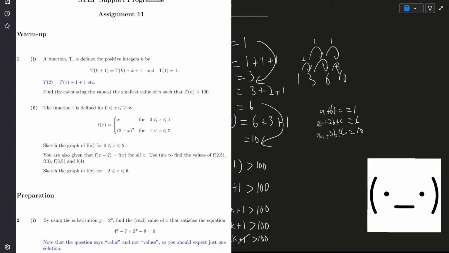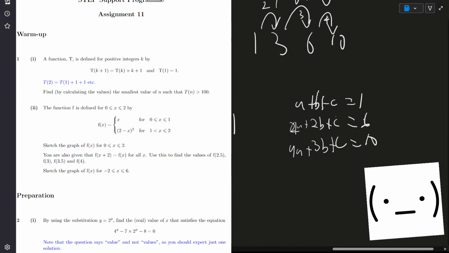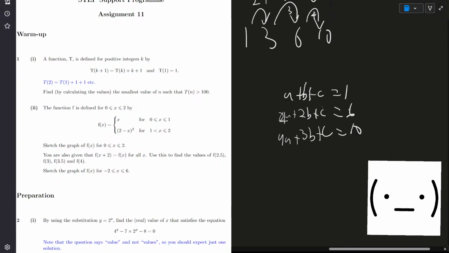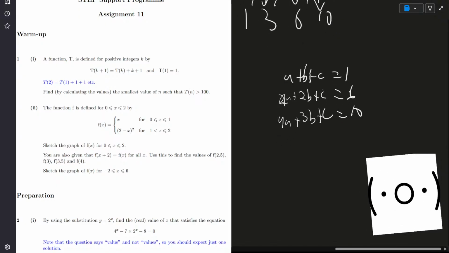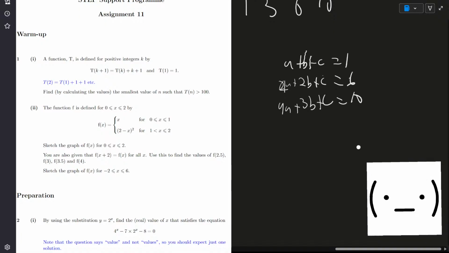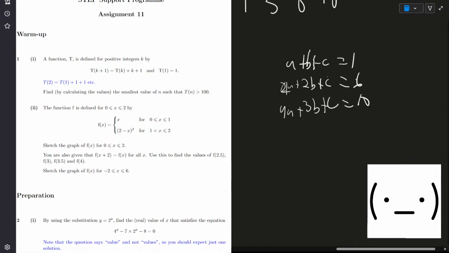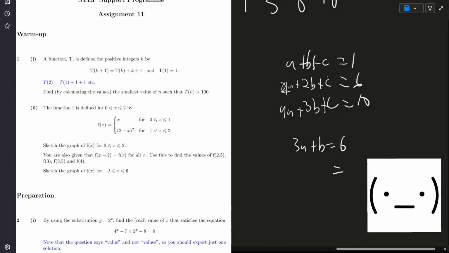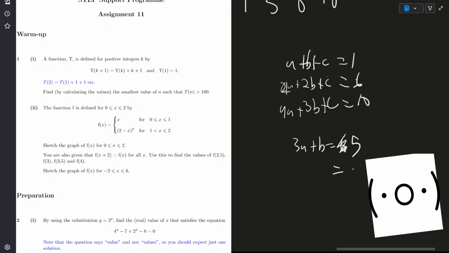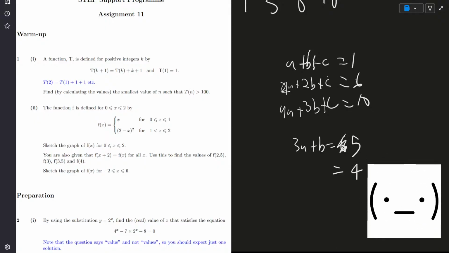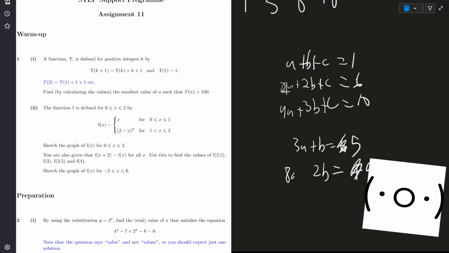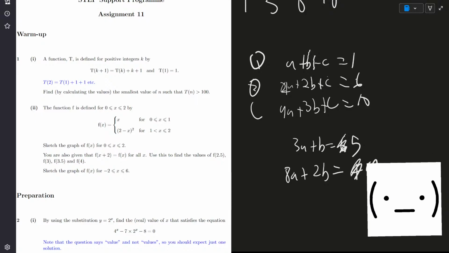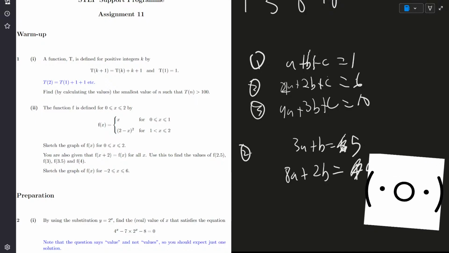Hmm. Okay, good enough. So now we need to figure out values that are valid. So now we can do it like 3a plus b equals 6. No, sorry, not 6, 5, and 4. No, 9 to be not 8a. So what we're doing is we're taking 1, 2, and we're taking 3, and this is 2 minus 1.